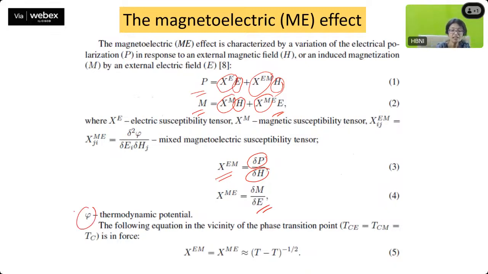Phi in this case is nothing but the thermodynamic potential, and the mixed magnetoelectric susceptibility tensor is the second derivative of phi, as you see in this form. The following equation holds in the vicinity of the phase transition point, where chi EM is equal to chi ME.